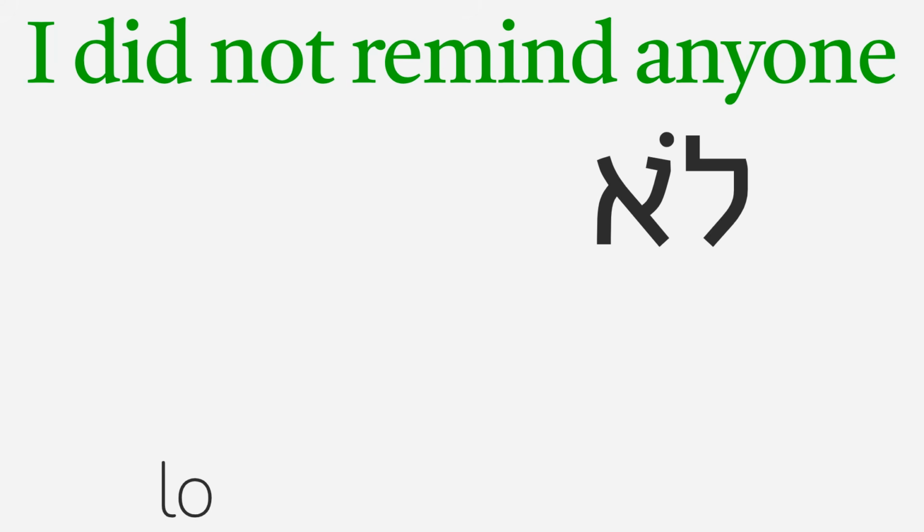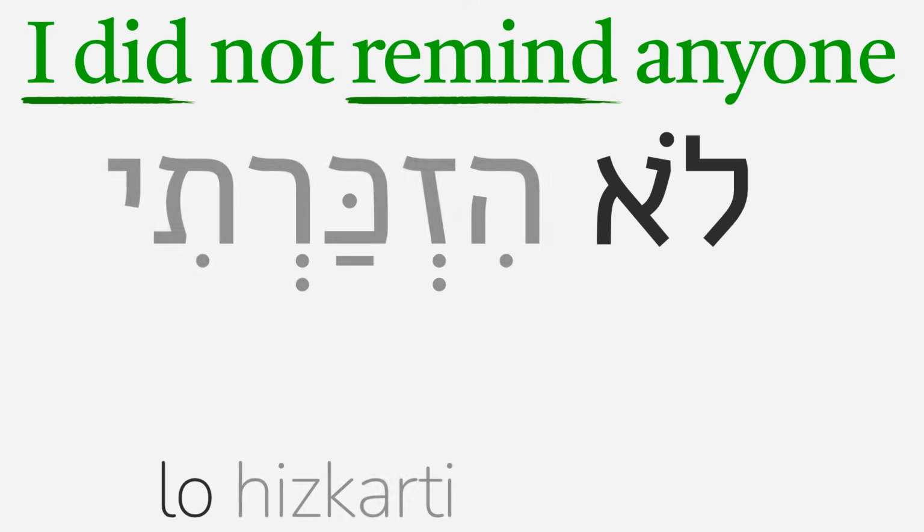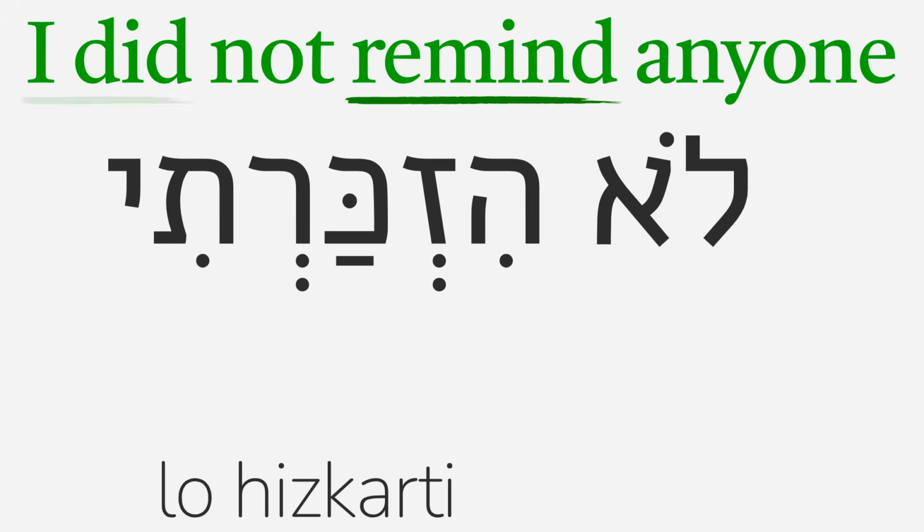Let's say I did not remind anyone. In Hebrew, this sentence starts with the word lo, which means not, followed by the past tense verb I reminded. This will be the Hifil verb hiskarti. The verb lahaskir, to remind, uses the preposition la before the person being reminded.